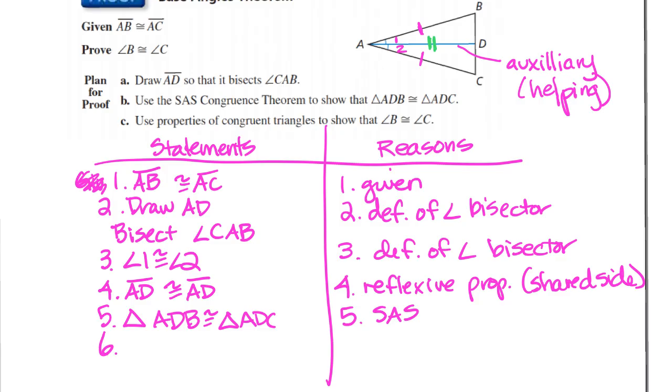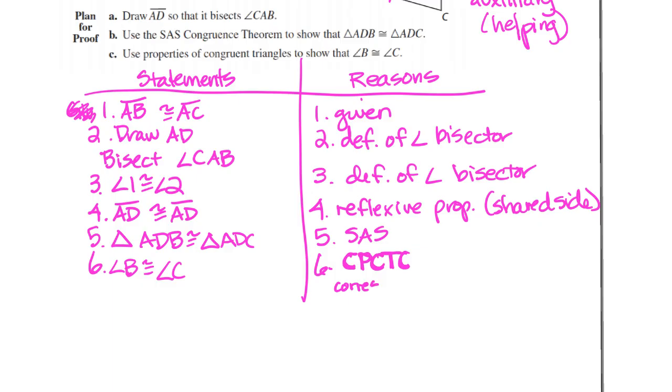And then remember that once we know that triangles are congruent, we can say that other parts of them have to be congruent. And that is, and I'm going to use my little shortcut, CPCTC, which when I say it out loud sounds funny, but it's "Kapuktika." And all that means is corresponding parts of congruent triangles are congruent.